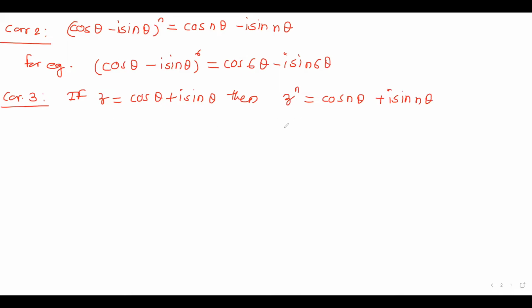Similarly, z raised to minus n will become cos of n theta minus i into sine of n theta. So there are various corollaries for using De Moivre's theorem. So without delay, let us start with the examples.